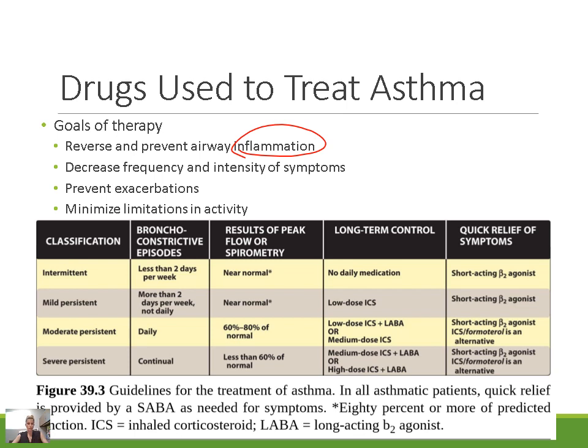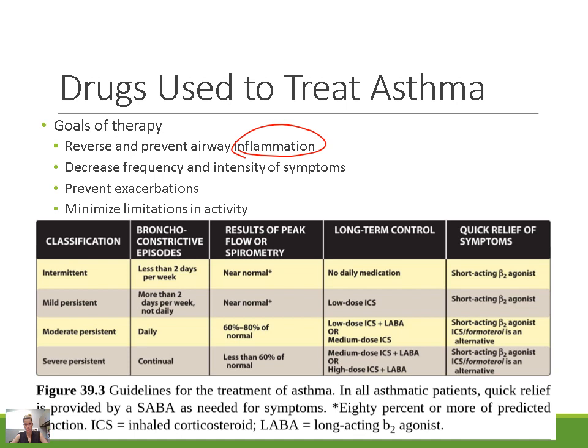So reversing that inflammation opens up the airways so the patient can better breathe. That decreases their symptoms. Also, the inflammation is what causes the hyper-responsiveness of the airways. So by preventing and decreasing that inflammation, we can prevent or decrease some of that hyper-responsiveness to triggers that occurs.